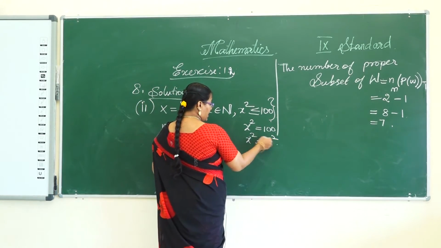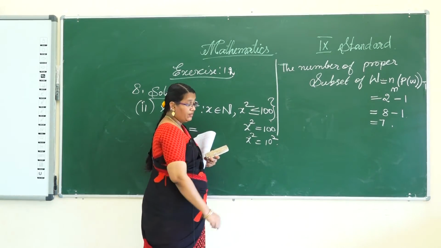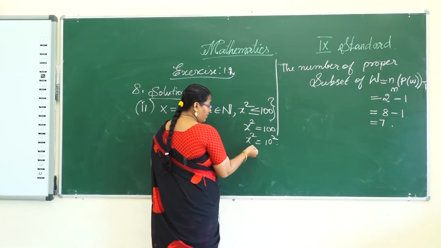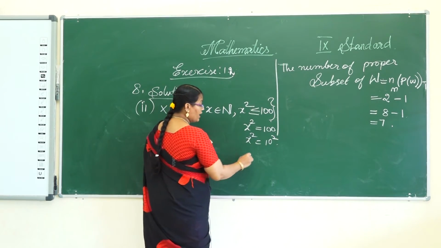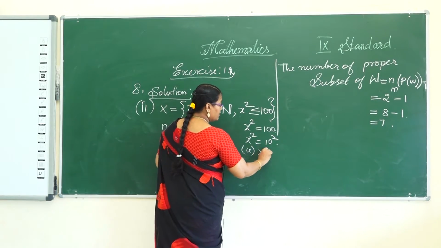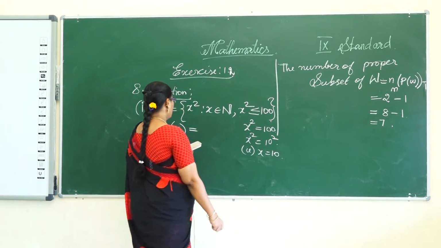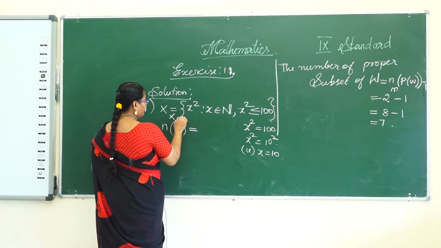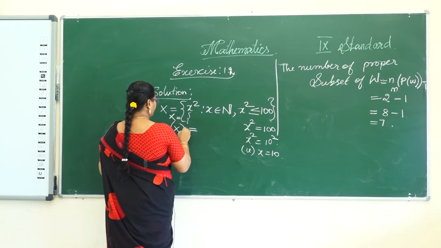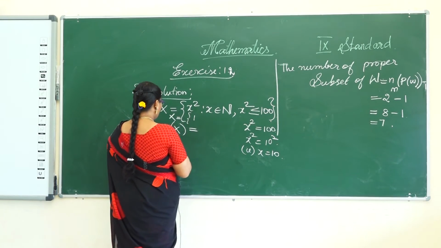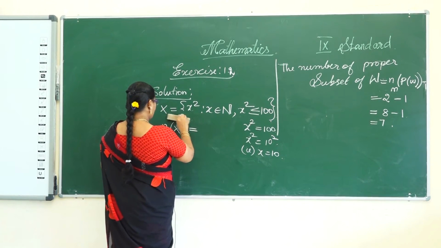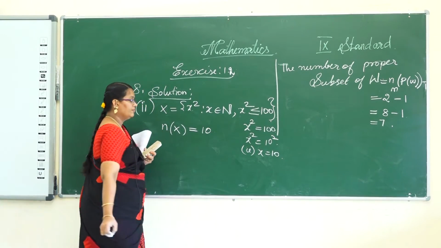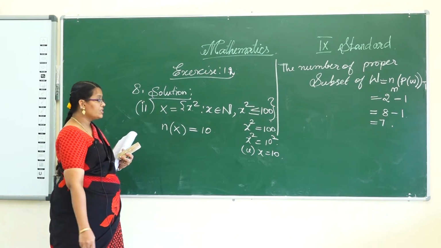Here the powers are the same, equating the base value. So x value is 10. So set X is equal to 10. So the number of elements in the set is n of X is equal to 10.